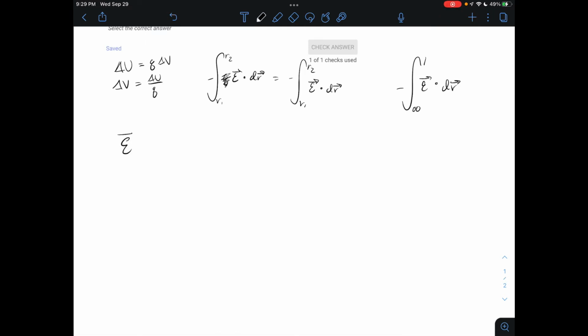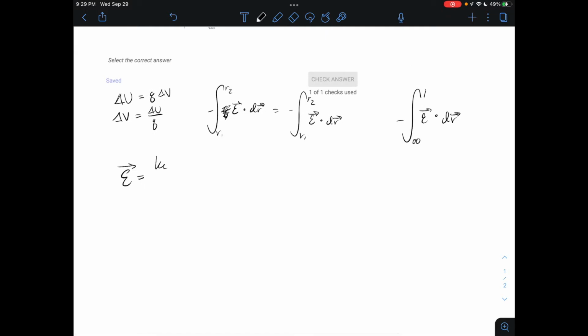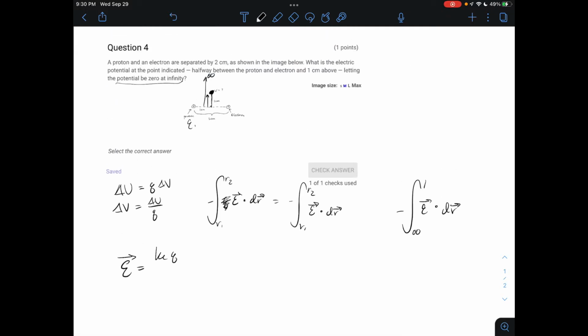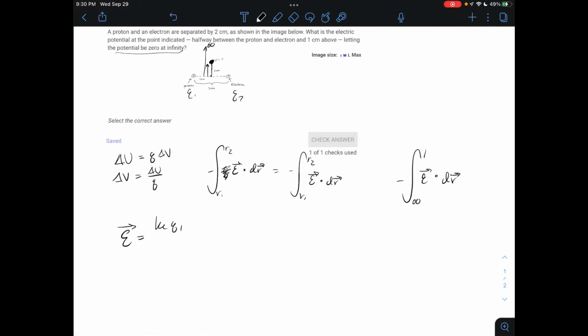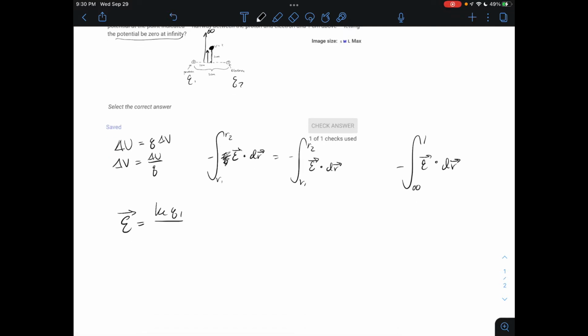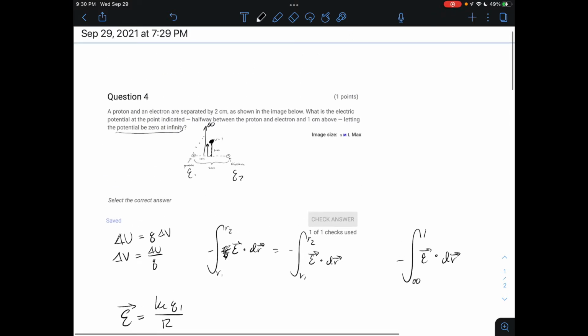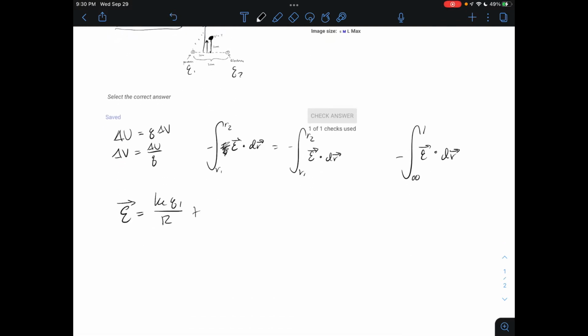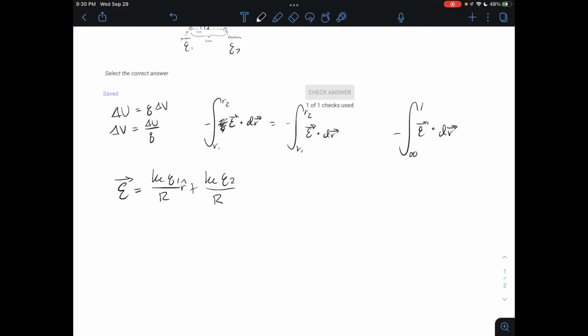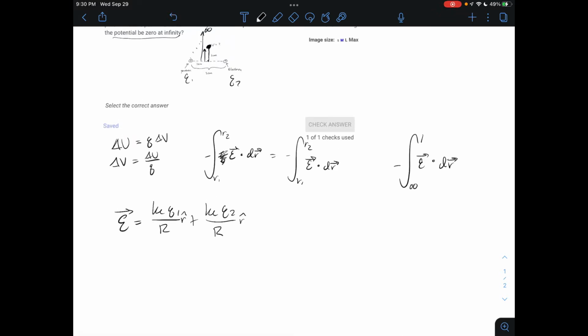So our electric field is going to be KeQ1, we'll call this Q1 and this Q2, KeQ1 over this R, some distance R between that proton and wherever we are, plus KeQ2 over, again, that same R, and then both of these are also going to have an R hat, the direction that it's going to be going in.